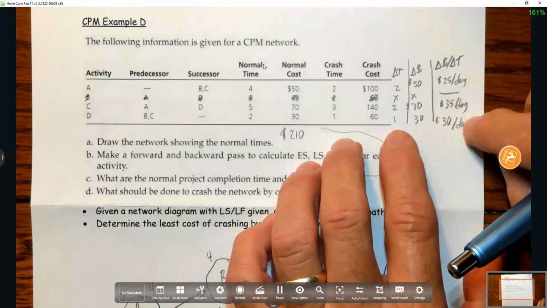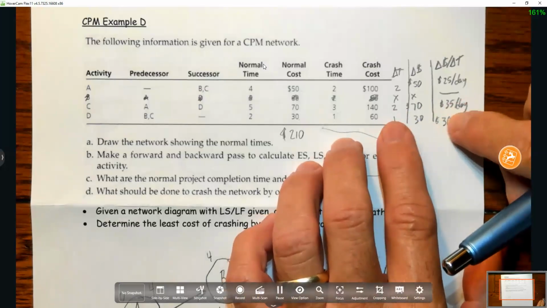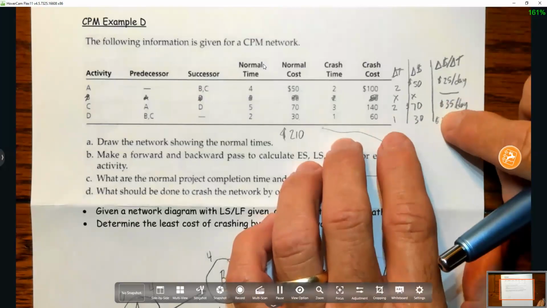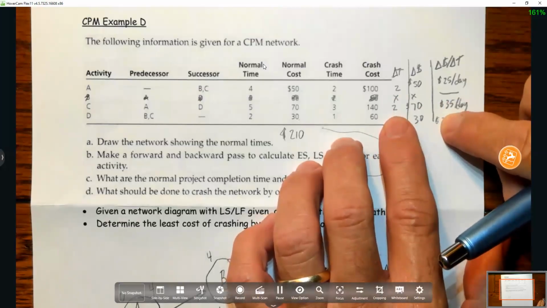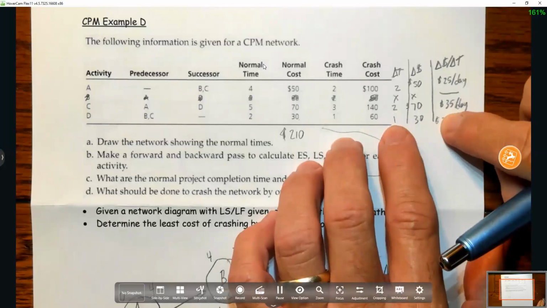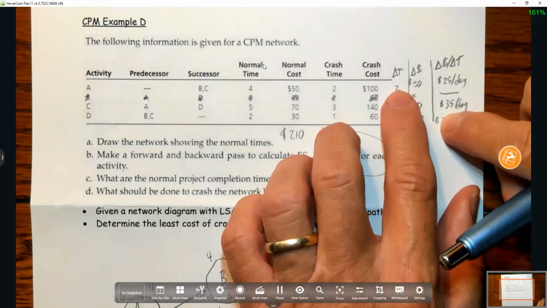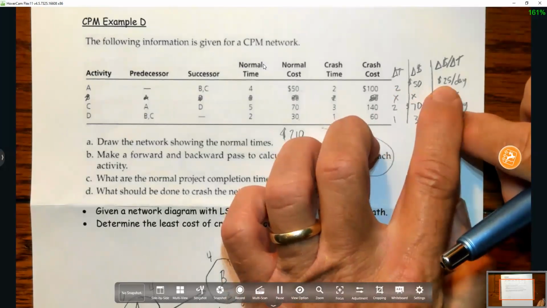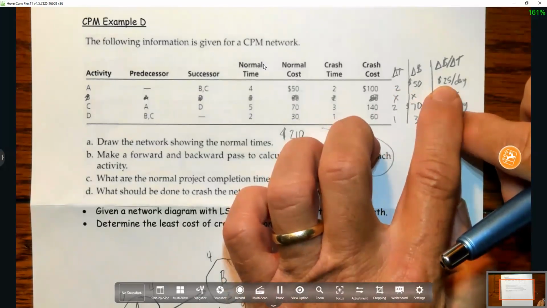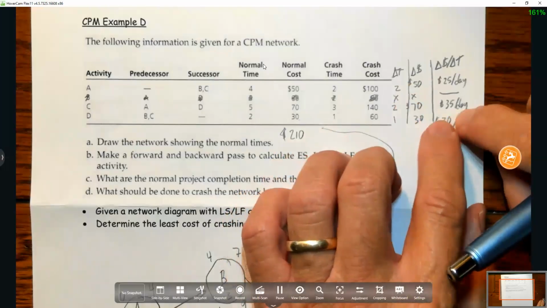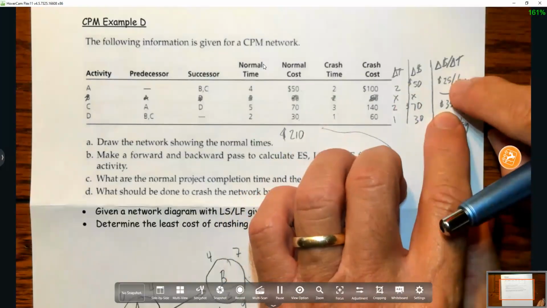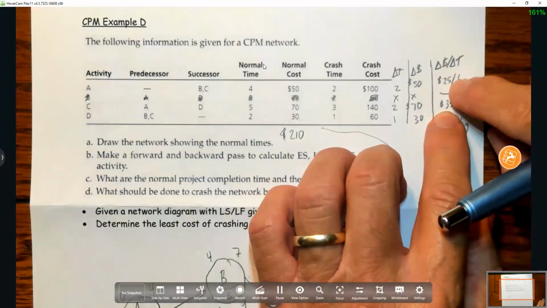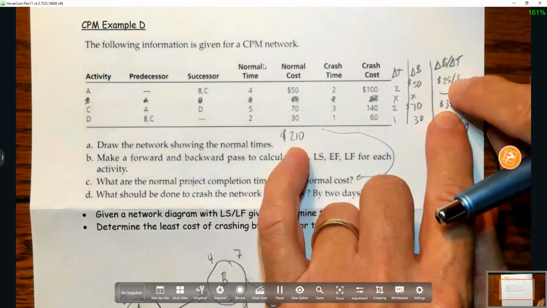Then the first day you'd say, again, pretend like this was 20. The first day you'd say, I'm going to crash it, and it's going to cost me $20 more. And then for the second day, I'd have to go up to this one and take one of those days, so it'd be $25. So total crash cost, if this was 20, would be 20 plus 25, $45 more.